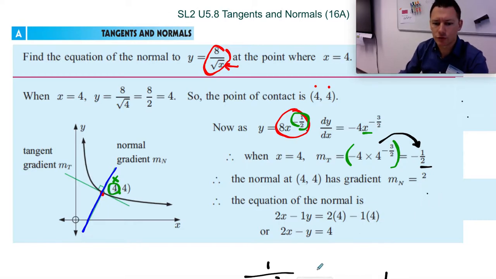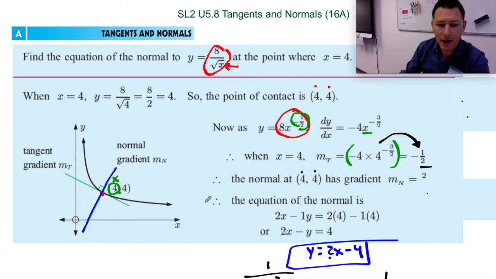I would probably just run it as y equals 2x minus 4. If you plug that in, you can use x and y, plug them in and solve for c. That's not too bad. And that looks about right. Here's the slope.